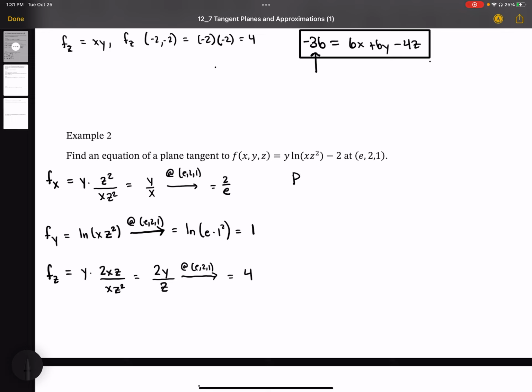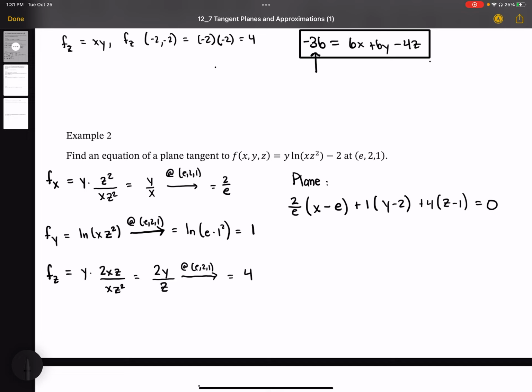The equation of our plane is 2 over e times (x minus e) plus 1 times (y minus 2) plus 4 times (z minus 1) equals 0. For this one, because of the 2 over e, actually you could distribute.